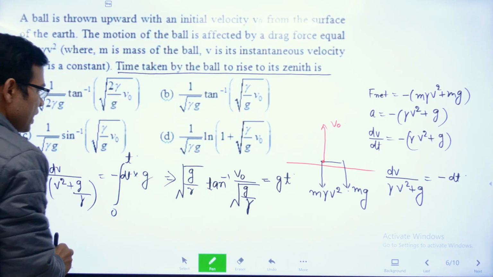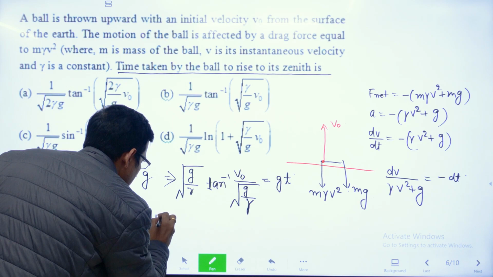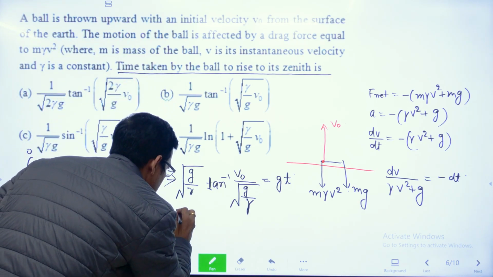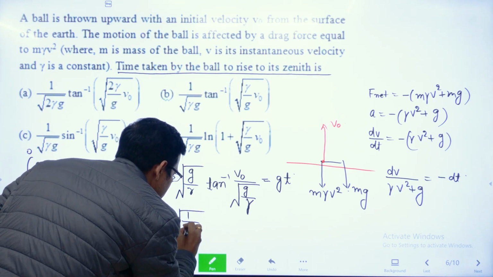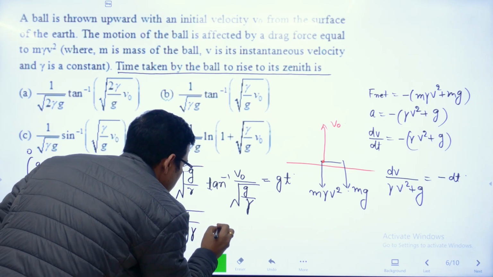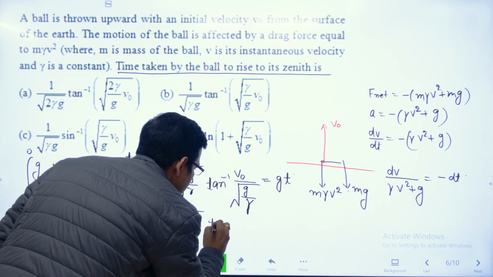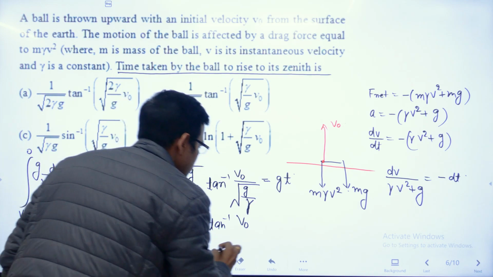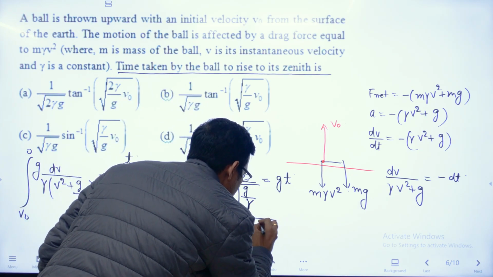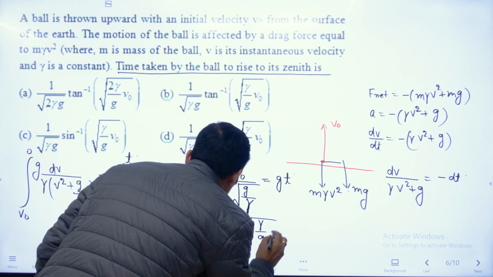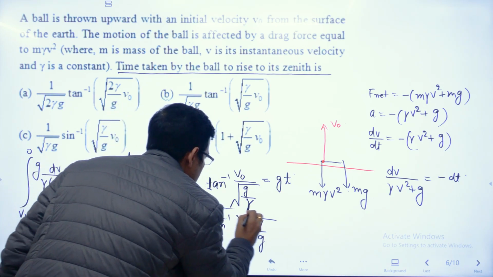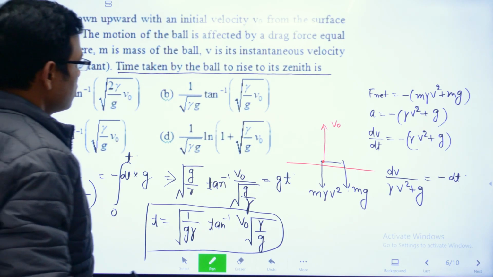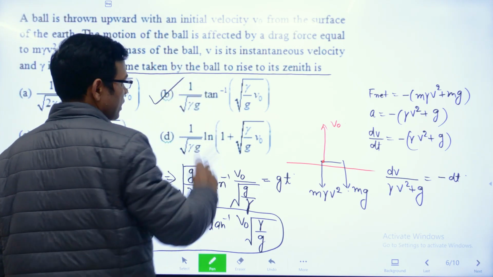So जो हमारी फाइनल आंसर आएगी, this is time t is equal to root under of 1 by g gamma into tan inverse v0 into root under of gamma by g. So B will be the correct option.